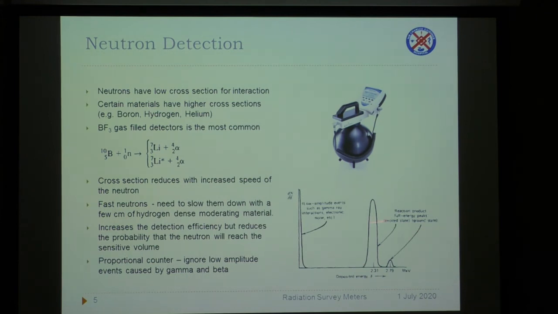And we use a proportional counter because we can say, all right, this is our energy peak for this reaction, this reaction, the bottom one, and this is our energy peak for this reaction. So this is the size of our signal we get. And this here is the size of our signal, the pulse we get for low amplitude gamma radiation and electronic noise.